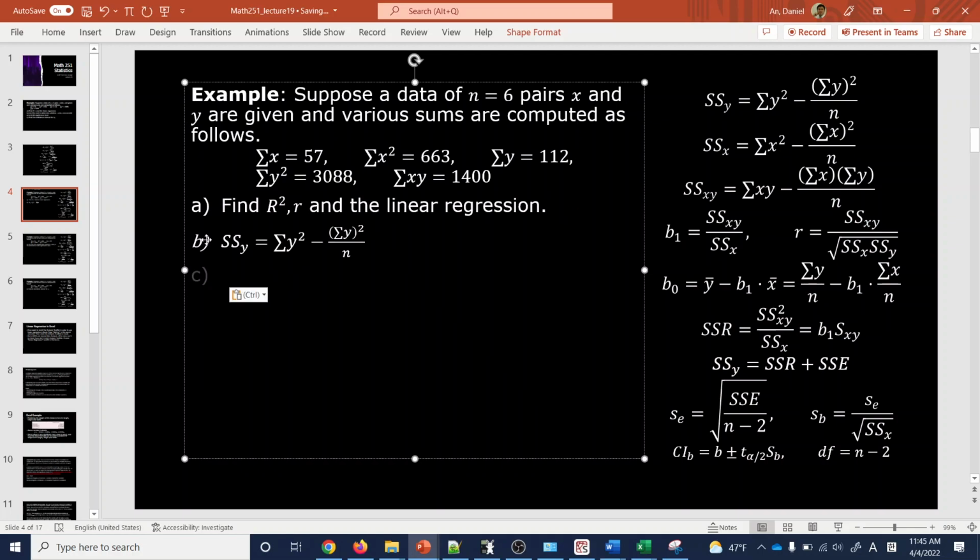So what we need to do is to start out by computing these formulas. Let's see how we can use this. Can you see the above condition and what to replace sigma y squared by? 3088.